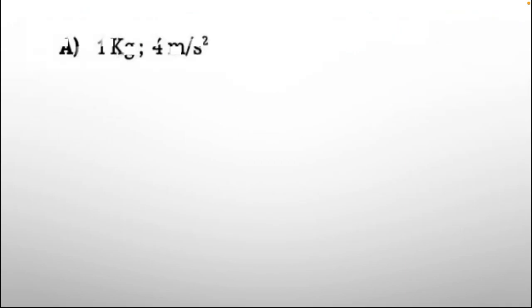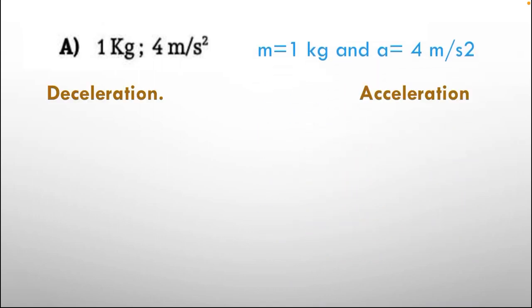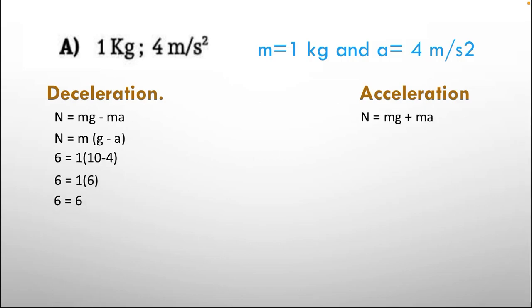Option A: m equals 1 kg and a equals 4 meter per second squared. The deceleration formula is here, and the acceleration formula we are going to do later. M is the same, we take it common: m times g minus a. By putting the values, 6 equals 1 times 10 minus 4, so 6 equals 6.